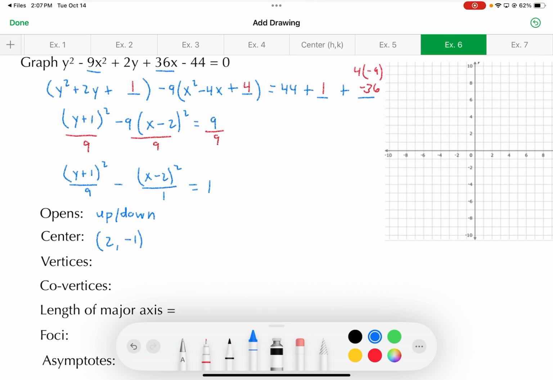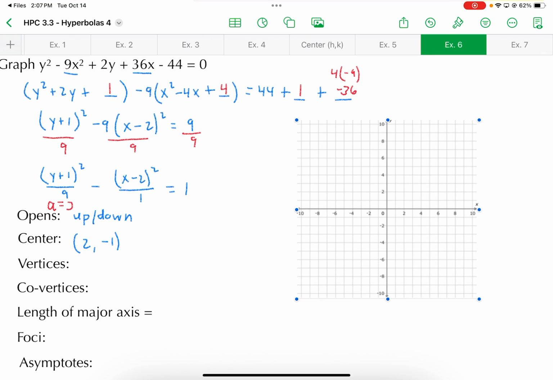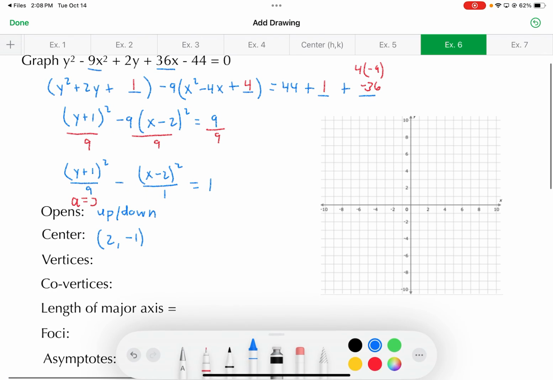All right, what is our a value? 3. Yeah, it comes from the first denominator, right? So a is 3. Should we add and subtract 3 from the x or the y coordinate of the center? The y. Yes.